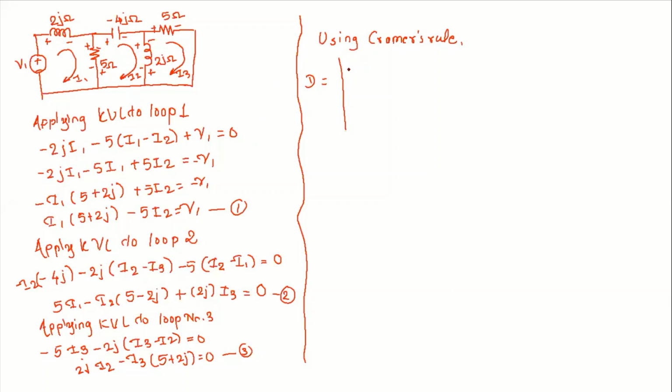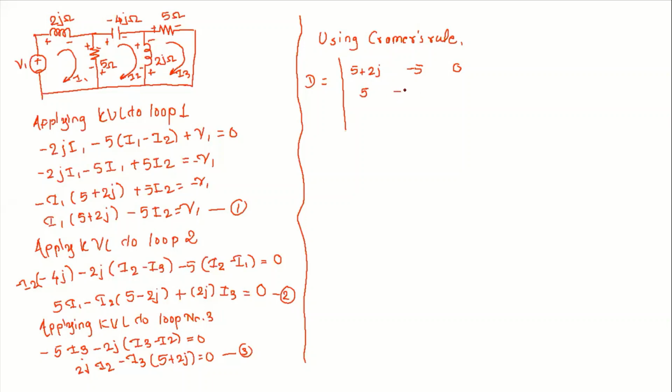So for I1 it is 5 plus 2j, I2 is minus 5, and I3 is not mentioned, so it is 0. Next to it we have 5, equation number 2.